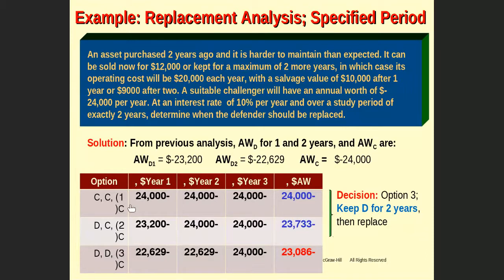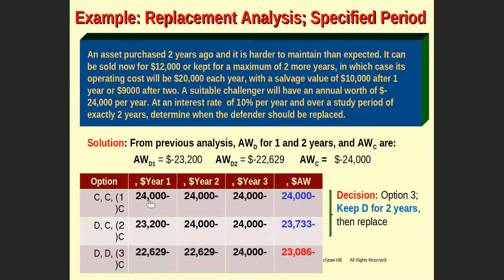So the value of the annual worth of 23,200 came from the annual worth of the defender when it is kept for only 1 year.